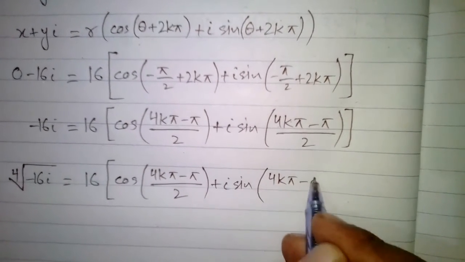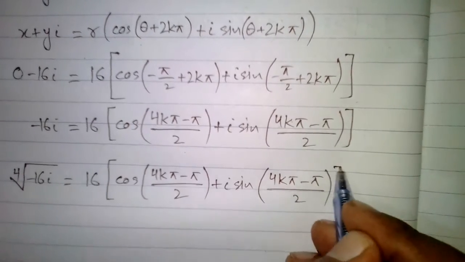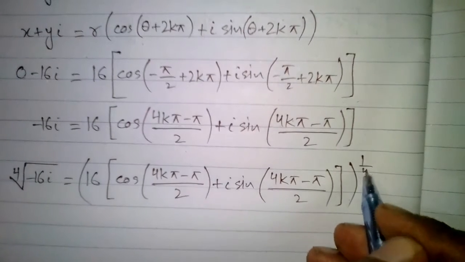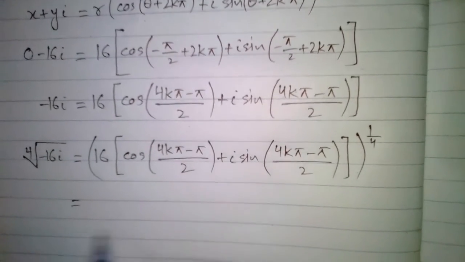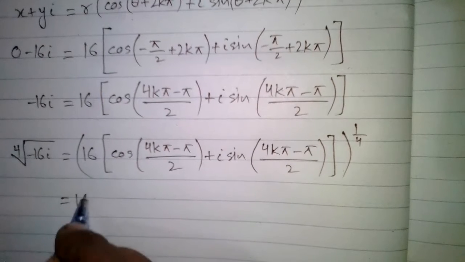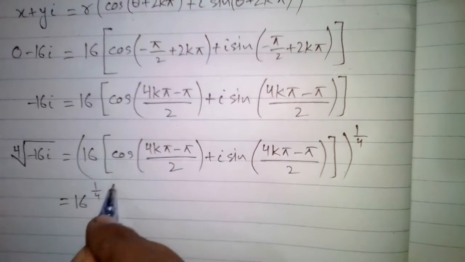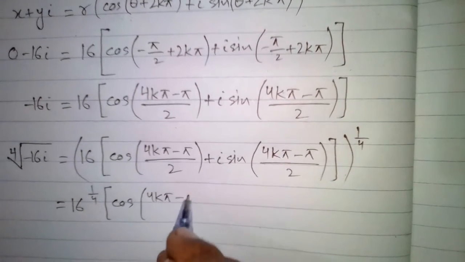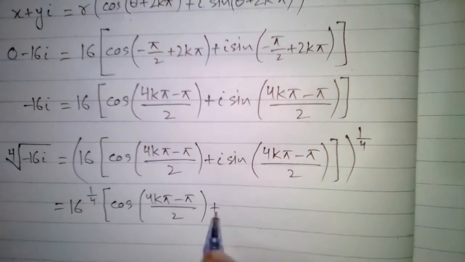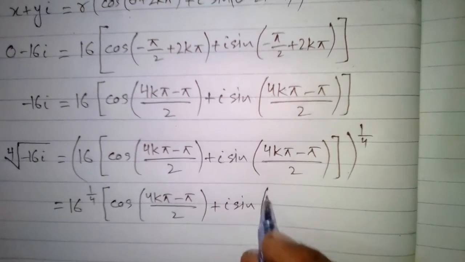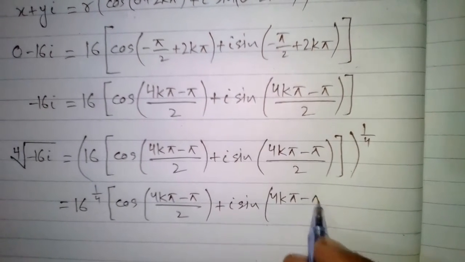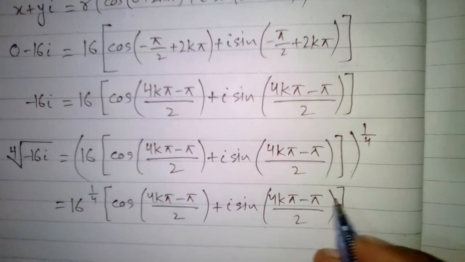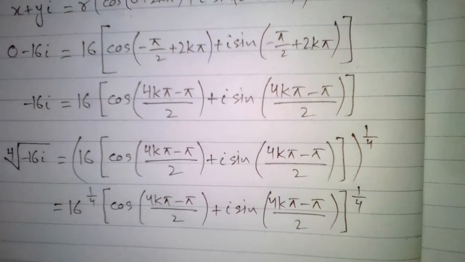So first of all we will write the complex number in polar form, and then the whole power will be 1 upon 4. Now this will be equal to 16 to the power 1 upon 4 and cosine of 4k pi minus pi by 2 plus iota sine of 4k pi minus pi by 2, and this whole factor has a power 1 upon 4.